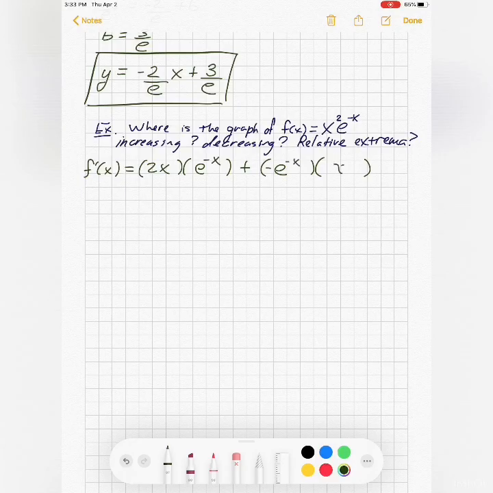Derivative of the second times the first. Okay, should I factor out maybe x e to the negative x? I'll have a 2 minus an x. Double check that. That would be 2x e to the negative x minus x squared e to the negative x. Looks pretty good.